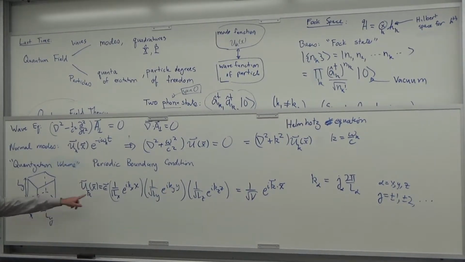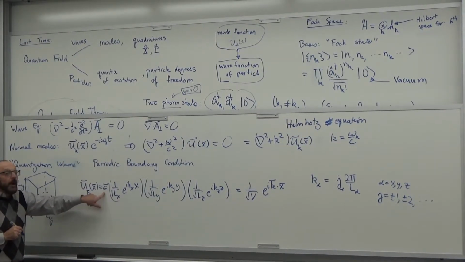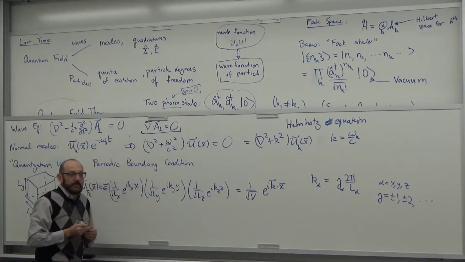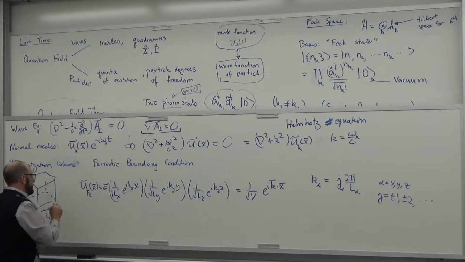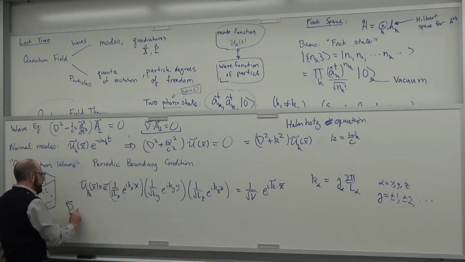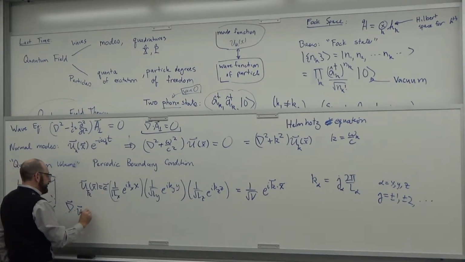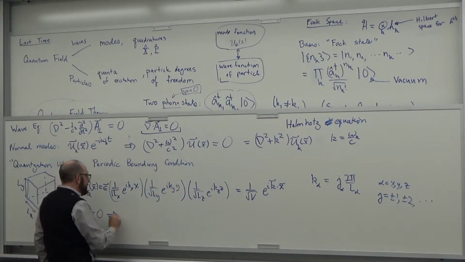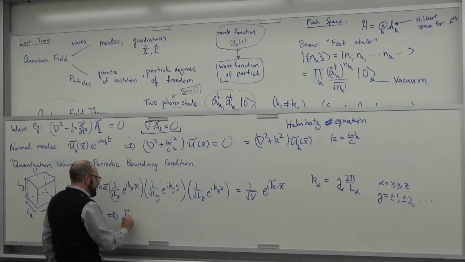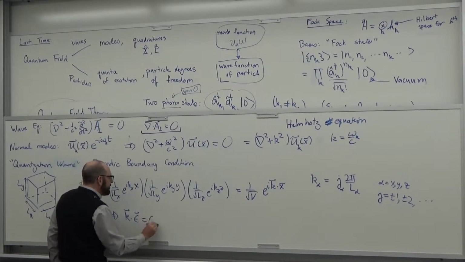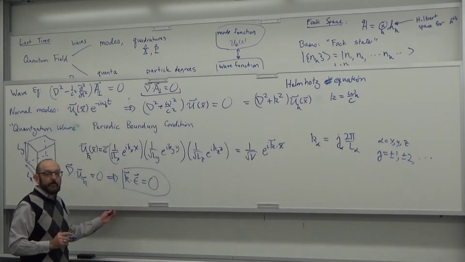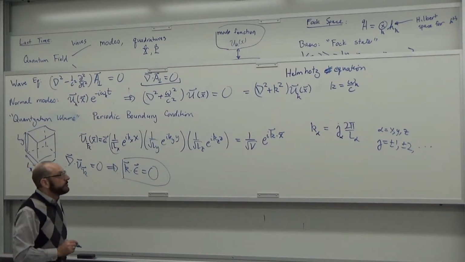What about this polarization? Well, we have to satisfy this, right? So that means the divergence of this has to be 0, which of course implies that the polarization vector must be transverse to the direction of propagation, the wave vector.